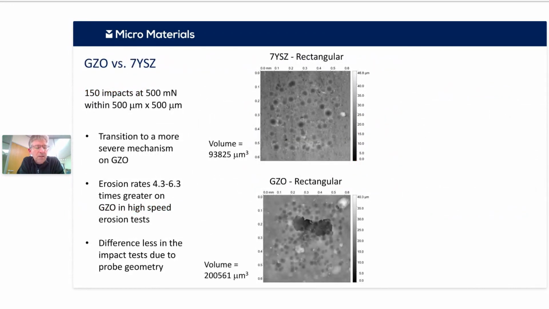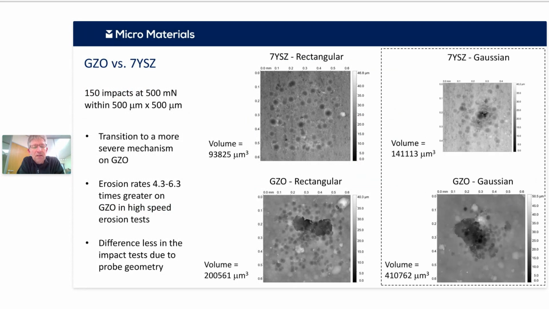Another thing we can do is compare across the two different materials. Here, these are rectangular distributions essentially. YZ at the top there is by far the most impact resistant, with the lowest volume.